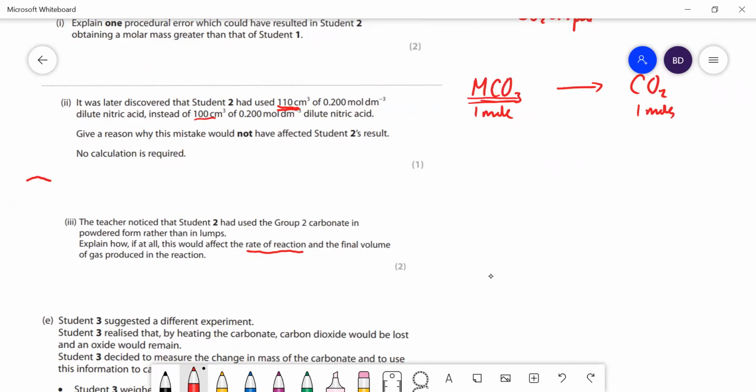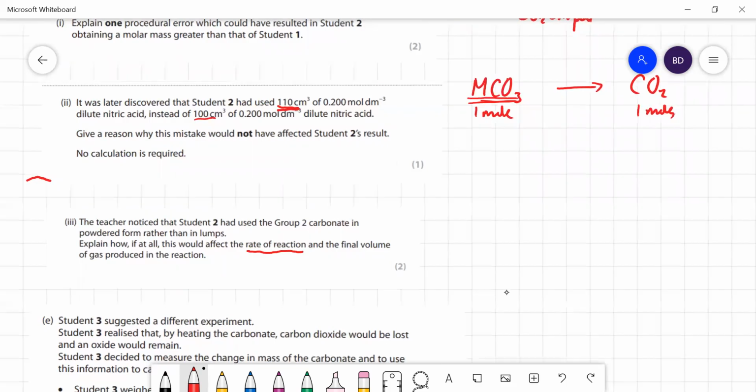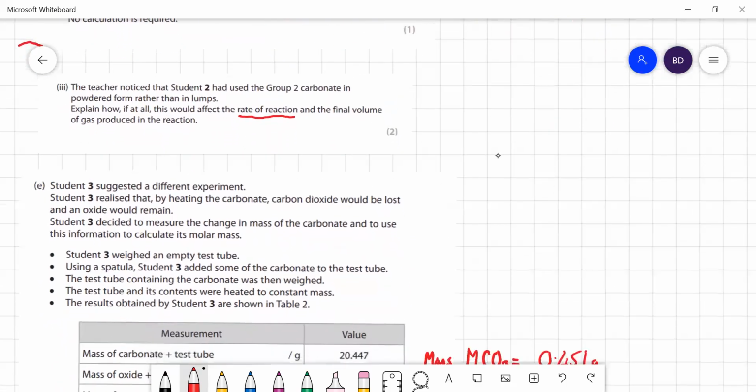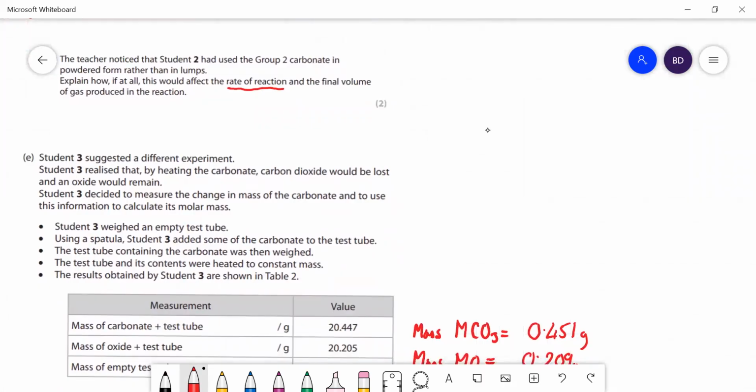Right, now student 3 did it a different way. What he did was he made the carbonate undergo thermal decomposition. So he started off with MCO3 solid. He heated it up, and he got MO, the oxide, and carbon dioxide gas.